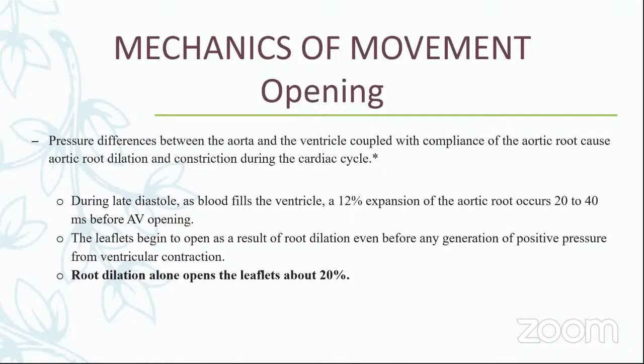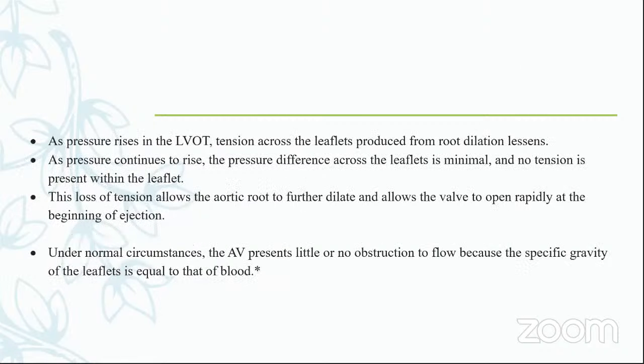Then the leaflet will begin to open as a result of root dilatation, even before any generation of positive pressure that results from the contraction itself. So root dilatation is responsible for about 20% of the opening of the leaflet. As pressure rises in the LVOT, the tension between the leaflets will decrease.